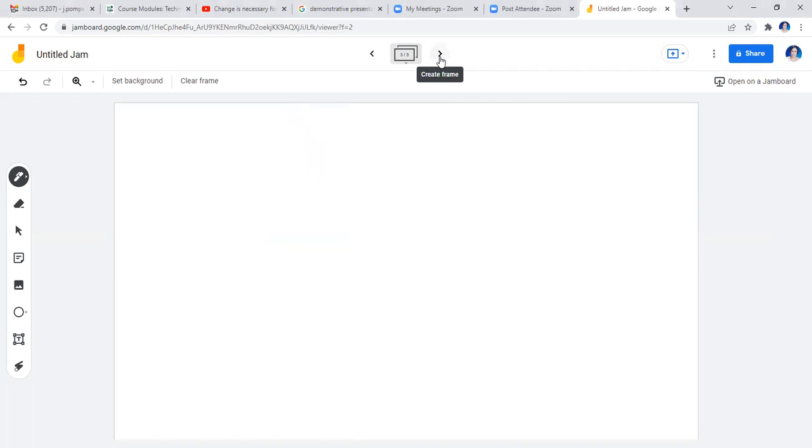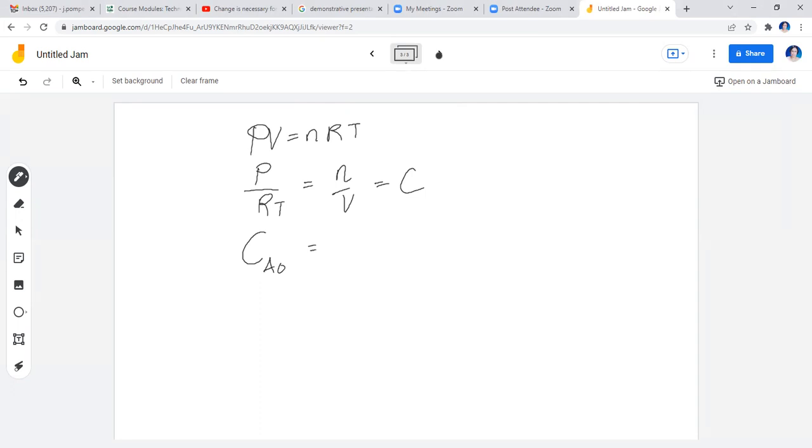So if you're going to use the ideal gas equation, assume ideal behavior, you will have P over RT, as what Via said, is N over V, which is equal to the concentration. So to find CaO, the initial concentration of A, we're going to use the PaO over RT formula.